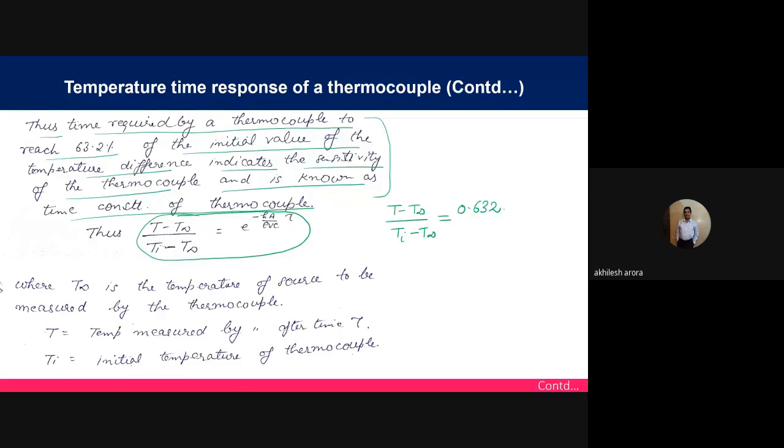Okay, I think all these are already known to you. T infinity is the temperature of the source to be measured by the thermocouple. T is the temperature measured by the thermocouple after time tau, and Ti is the initial temperature of the thermocouple.